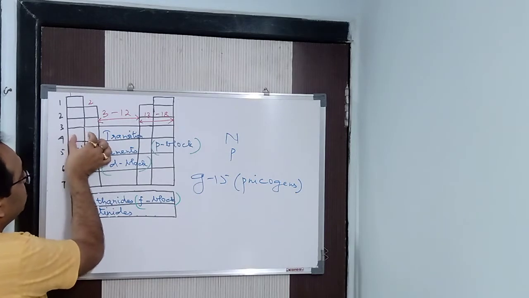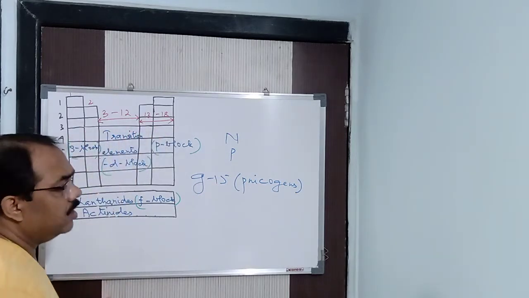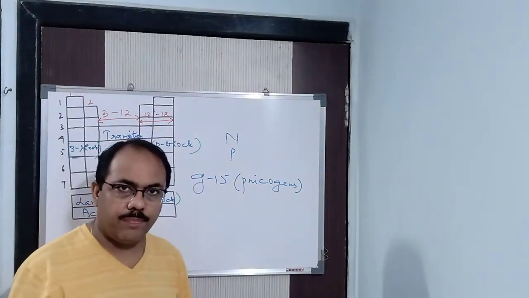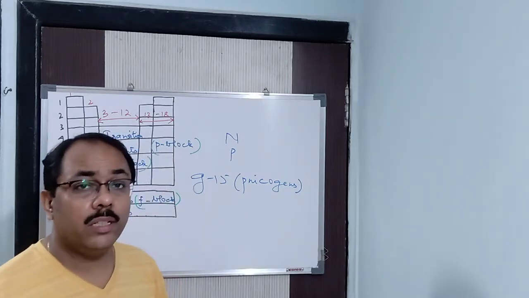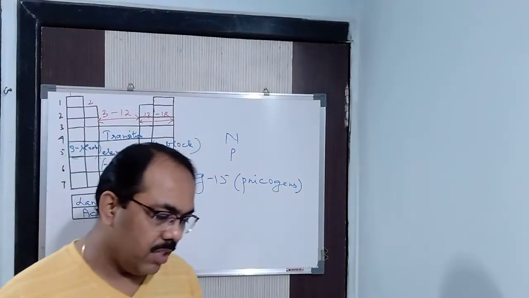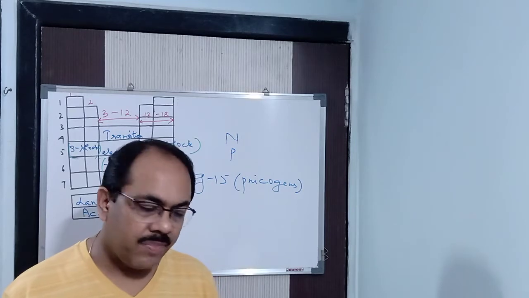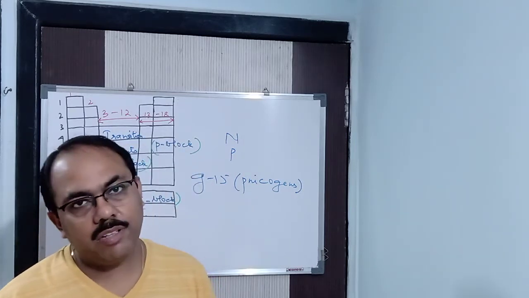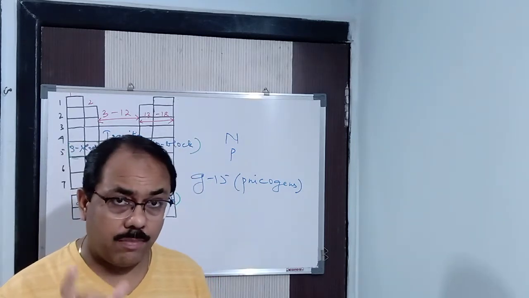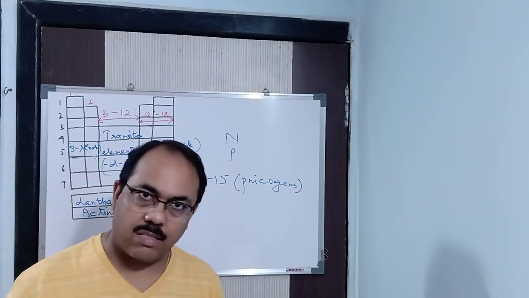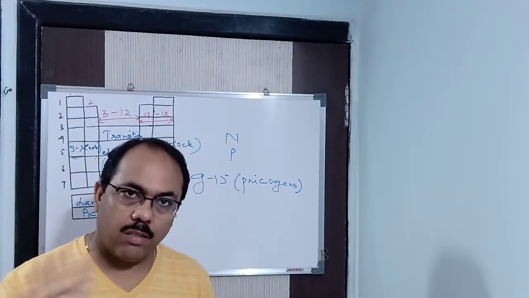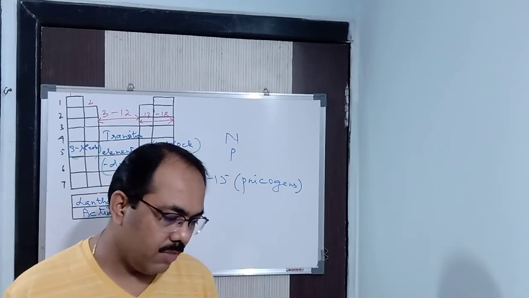Group 1 and 2 form ionic compounds, and group 13 to 18 generally form covalent compounds. Ionic compounds you will find as solids, and covalent compounds are generally liquids and gases. Listen carefully, I am using the term generally. Exceptions are always there.